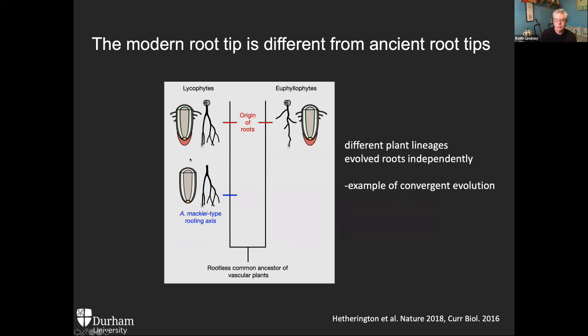There's one lineage that Astraxylon represents a member of, which had no root cap, but then it's given rise to plants that do have root caps, and then independently other modern species also have a root cap. So the development of the root cap is an example of convergent evolution.